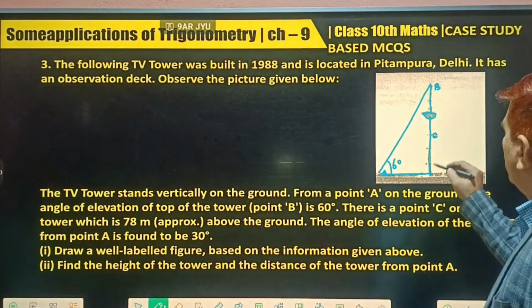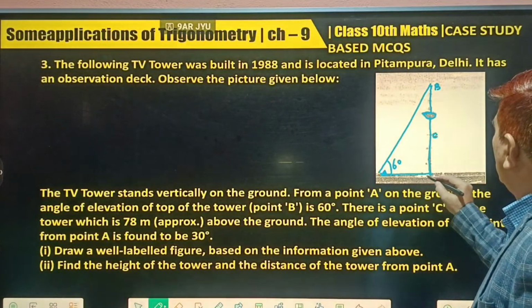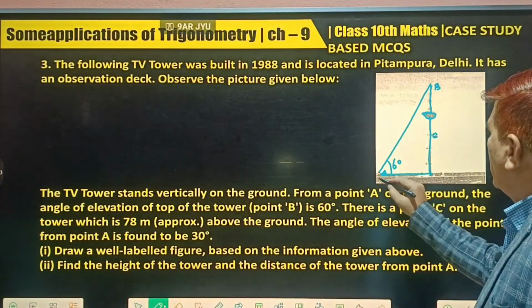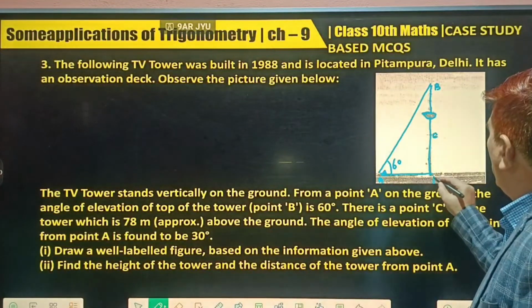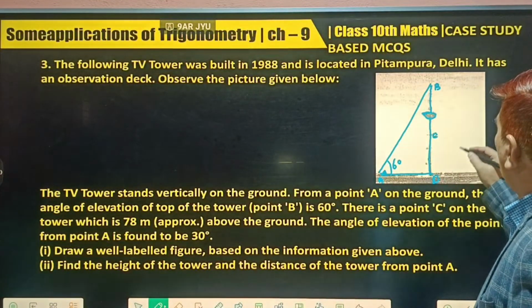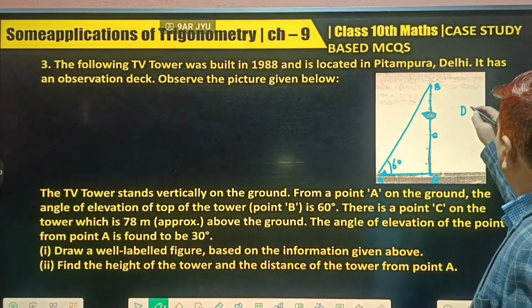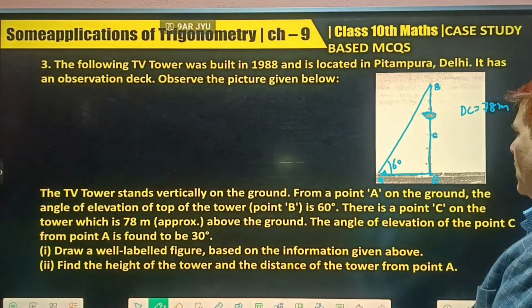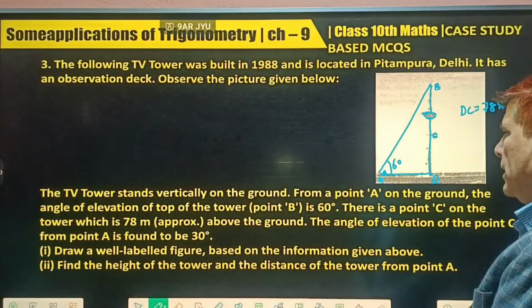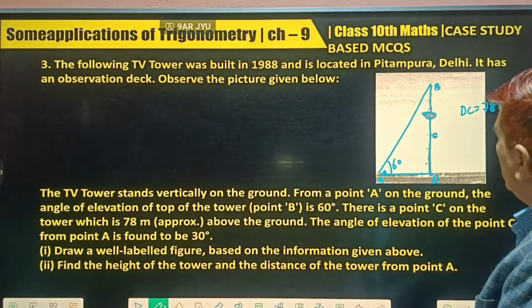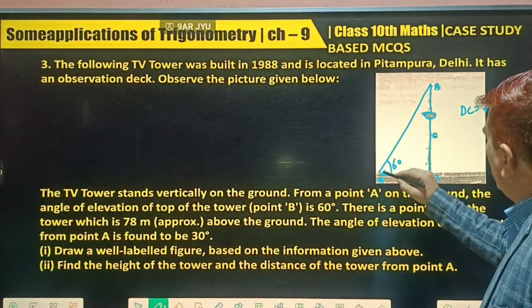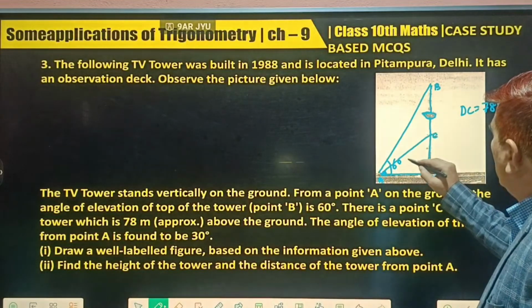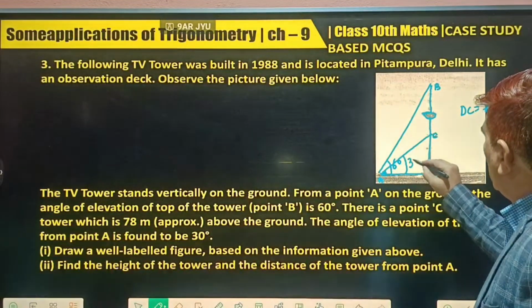I can take D here, so DC is equal to 78 meters. The angle of elevation of the point C is found to be 30 degrees. If we join this point, then this angle becomes 30 degrees.